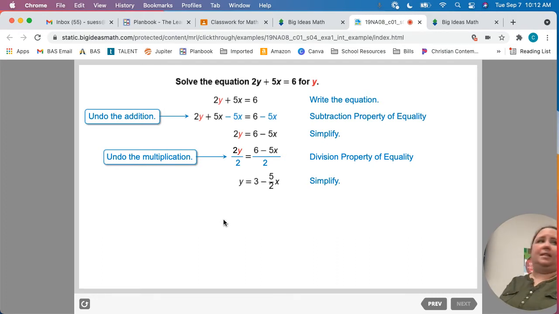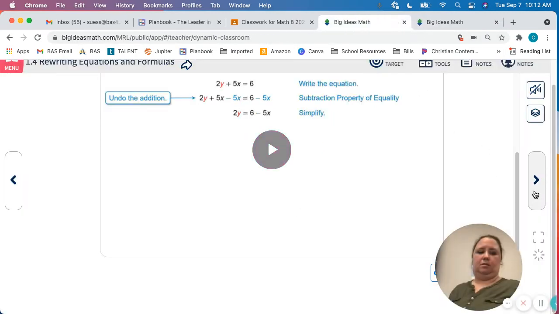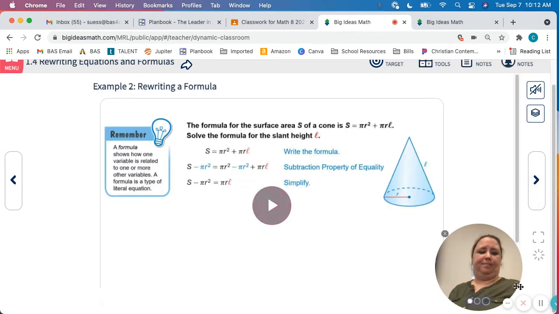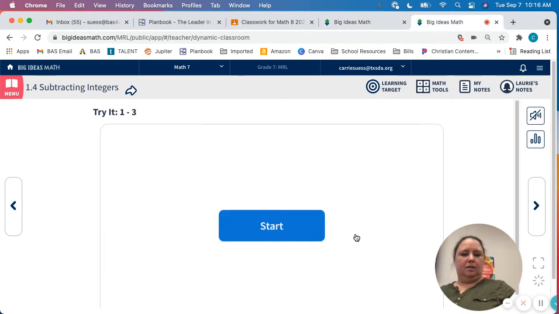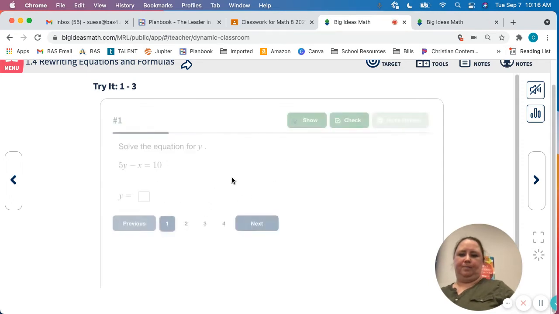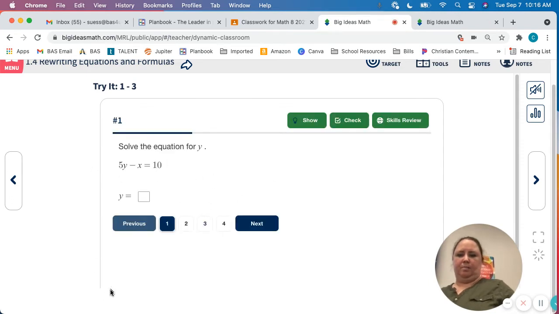All right. That's it for the example. 8th grade, you guys can try the try-its. There's 3 of them. Let me show you this first one, 8th grade, because it does have one trick to it. 5y minus x equals 10.